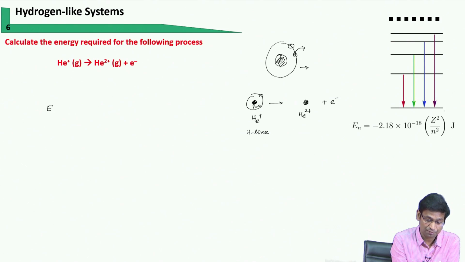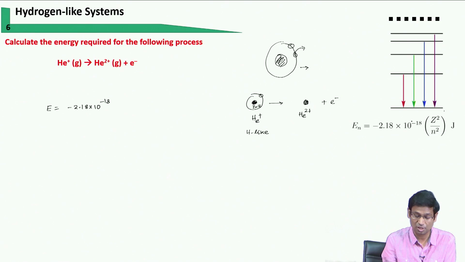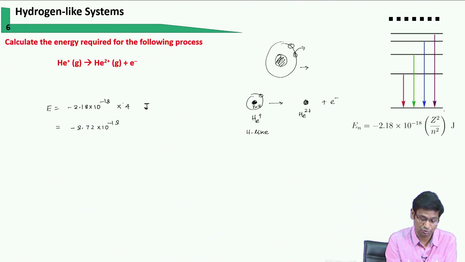So, the energy of the starting state is given by this relation: minus 2.18 into 10 to the power minus 18. Here Z is the nuclear charge, which is 2, so multiply it with 4, and since the system exists in the ground state, n equals 1. So, this is simply into 4. This is the energy of the reactant, which turns out to be minus 8.72 into 10 to the power minus 18 joules.